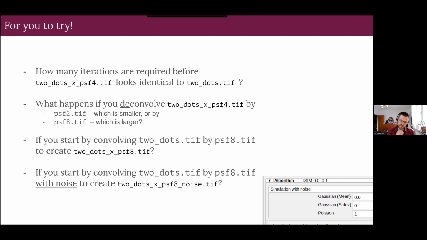And in general, convolution is very simple compared to deconvolution. So it's really a simple process for a computer. It would just take this template of the PSF and place it wherever you want with some intensity.